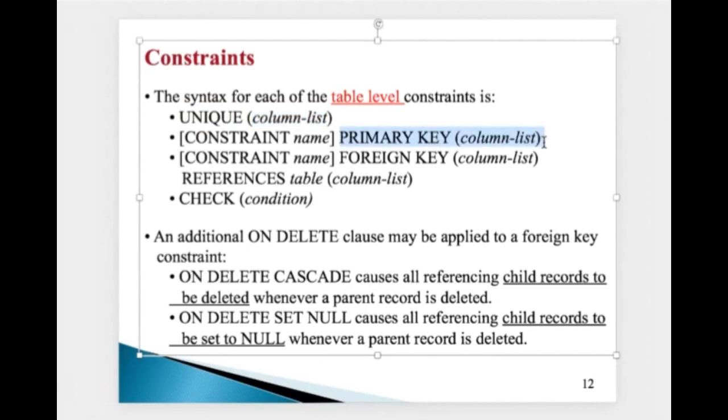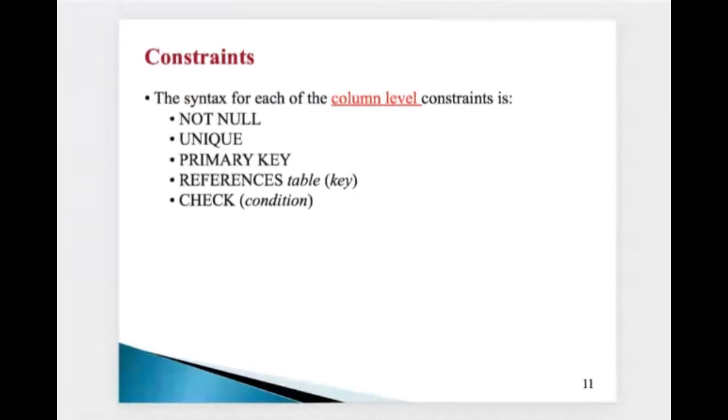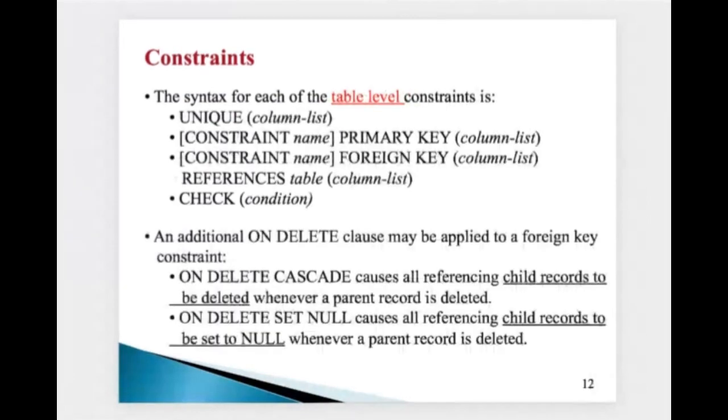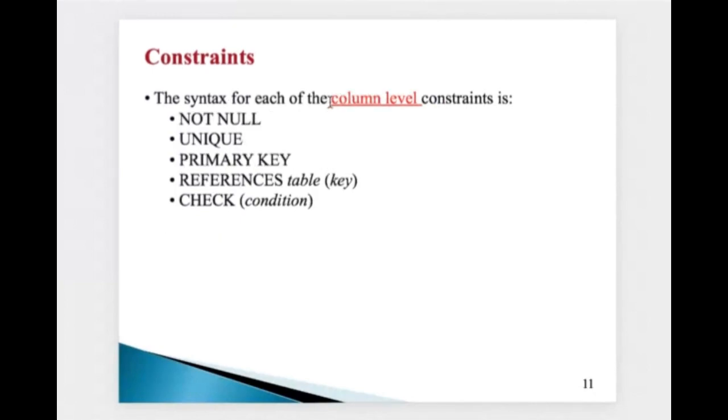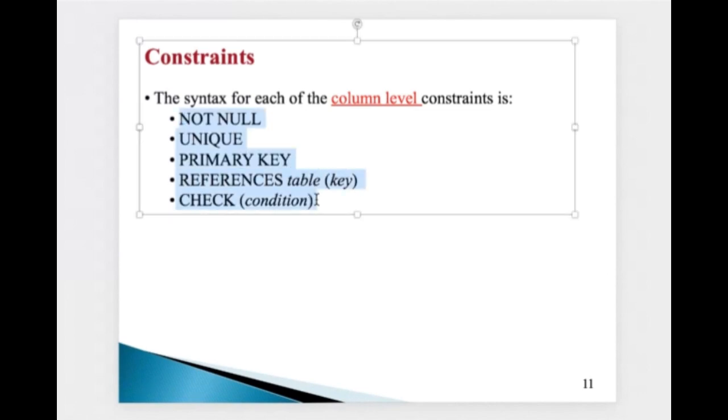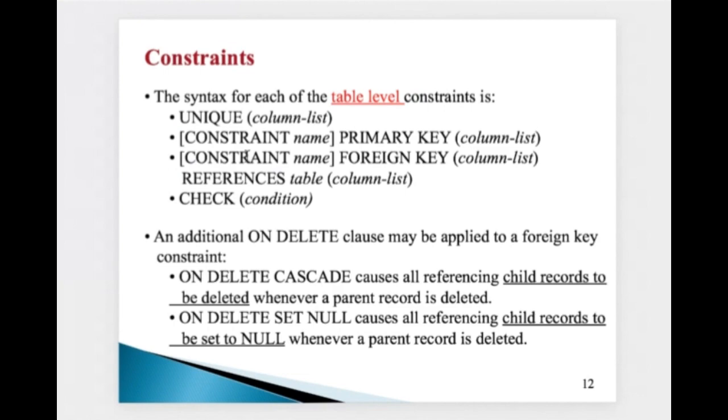You can mention primary key at column level as well as at table level. If you want to mention any constraint at column level, this is how you mention them: like not null, like unique, like primary key, and then you don't write anything more. You can use some of these constraints at table level also. When you are using them at table level, this is the style.